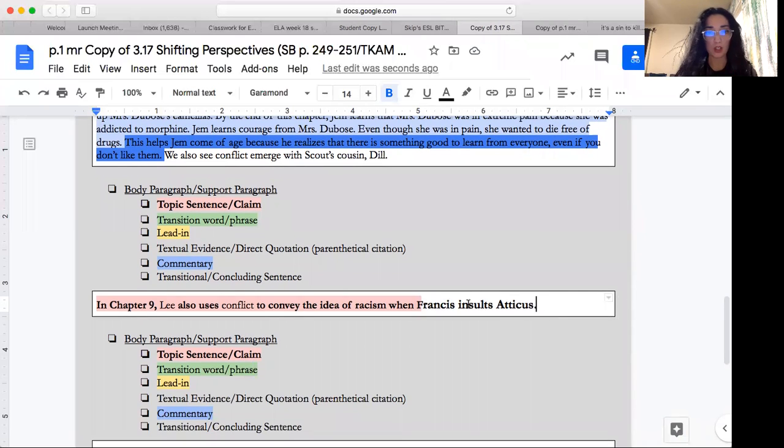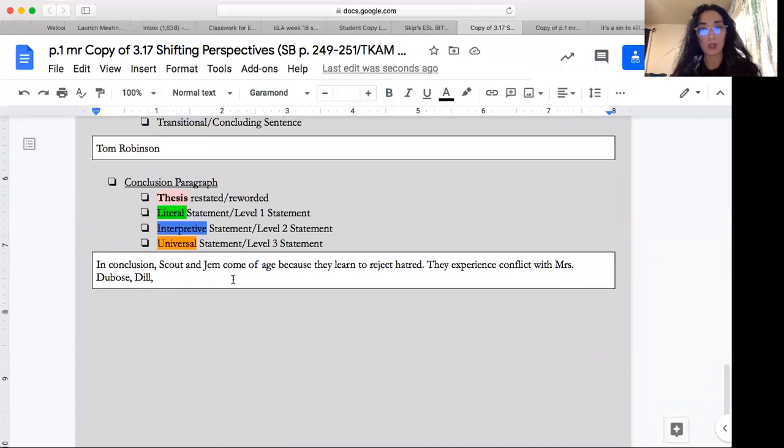Okay, so maybe I want to talk about that one for this paragraph. But the point is I'm summarizing each of my paragraphs. So paragraph 1, I talked about Dubose. Paragraph 2, I talked about Francis. Paragraph 3, I talked about the Cunninghams and how they wanted to lynch Tom Robinson. They experienced conflict with Mrs. Dubose, Francis, and the Cunninghams.